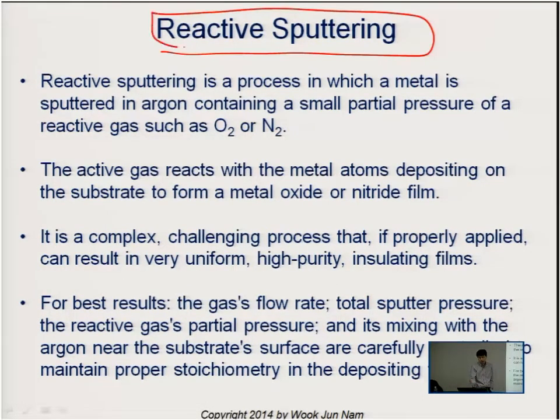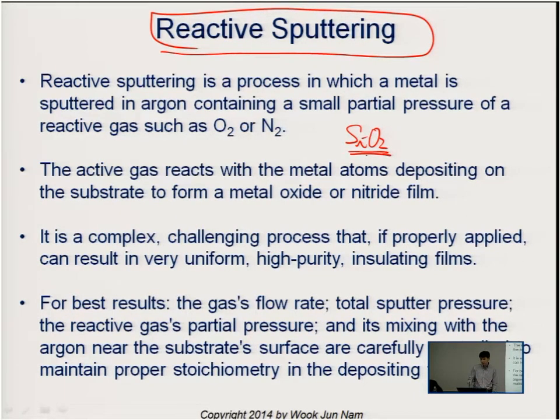Reactive sputtering is another advantage. When you need to deposit an oxide or nitride, for example silicon oxide, instead of using a silicon oxide target, you use a silicon target and flow oxygen gas.